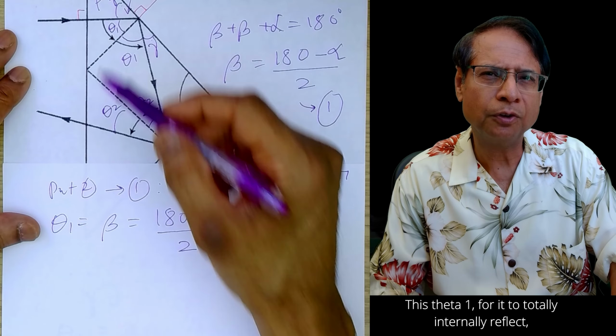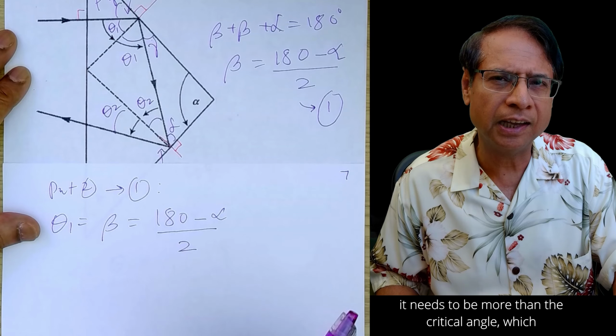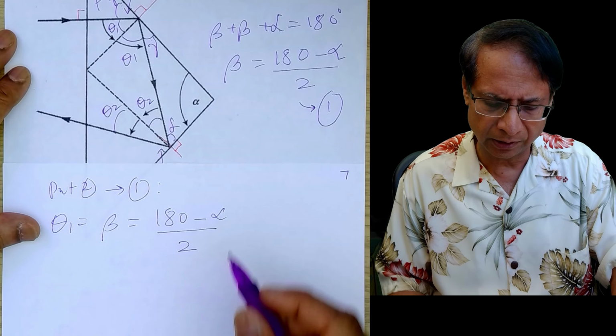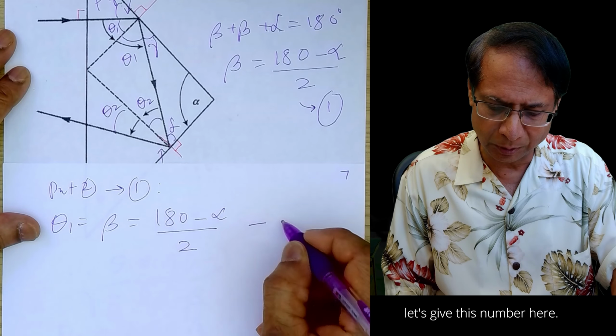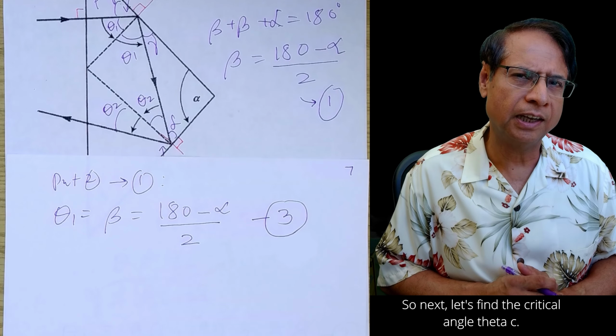This theta 1, for it to totally internally reflect, needs to be more than the critical angle, which is theta c. So let's solve for theta c, the critical angle. In the meanwhile, to make sure we don't lose track of this, let's give this number here: this is equation 3. So next, let's find the critical angle theta c.